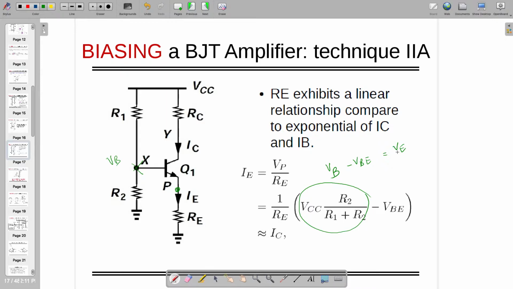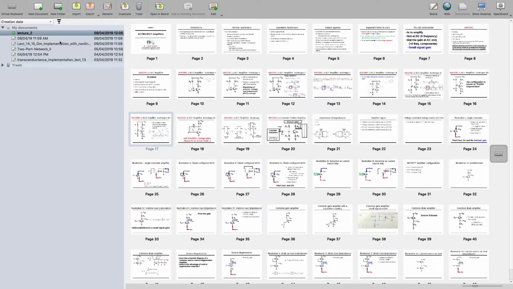So when you are doing this, your whole equation is a linear equation. There is nothing like exponential, nothing like beta, right? So the relation between VBE versus IE or IC is linear. It's controlled through a resistance which is acting as a feedback, right? So this is what I was asking you last time.